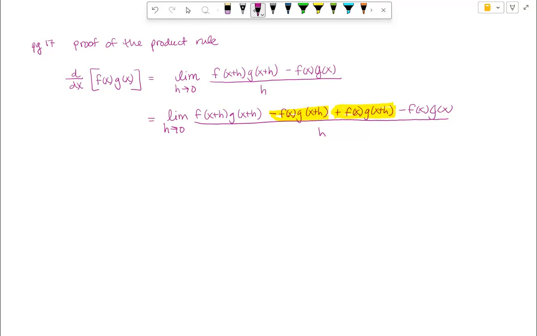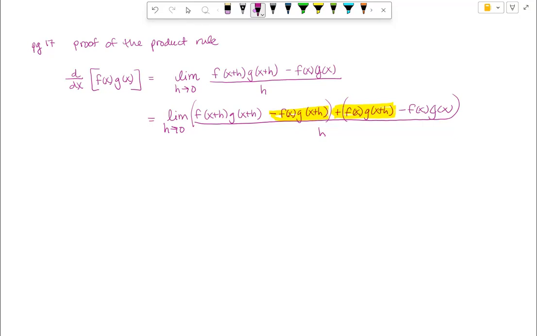So right now, I notice if I look at these first two terms in my numerator, that they both have a common factor of g of x plus h, and then my second two terms in my numerator both have a common factor of f of x.